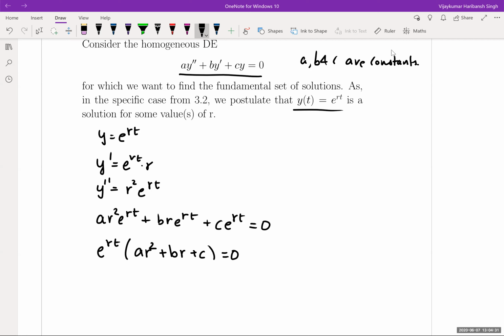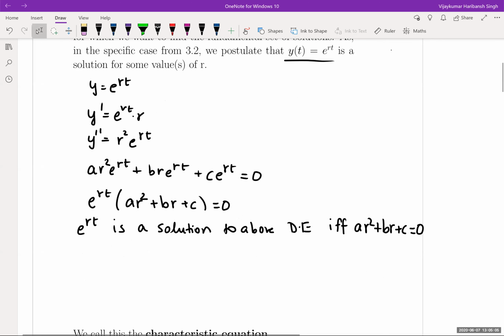Now, in this case, you can say that e to the power rt is a solution to the above differential equation if and only if a r squared plus b r plus c equals 0.